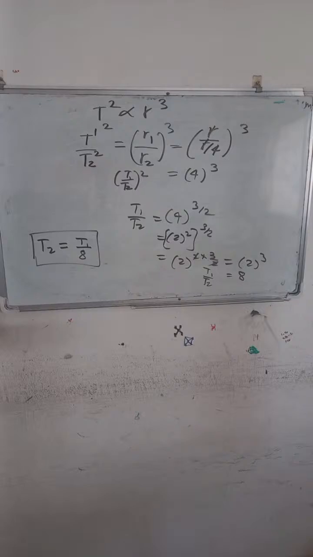Write down one more MCQ. The value of small g at a particular point is 9.8 meter per second square.